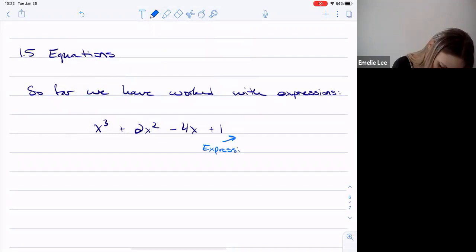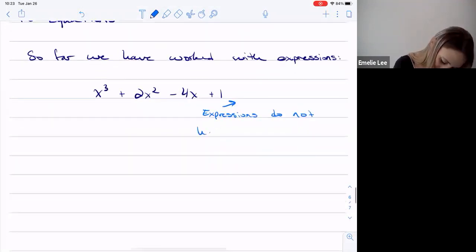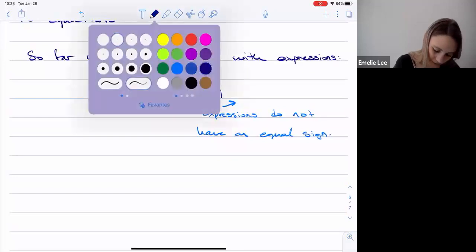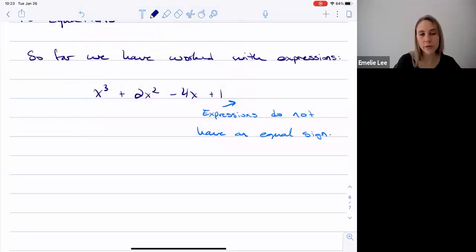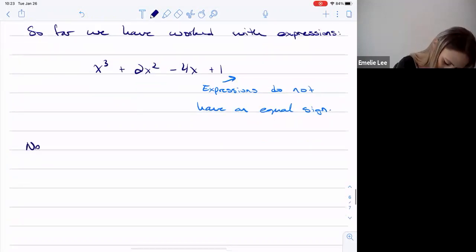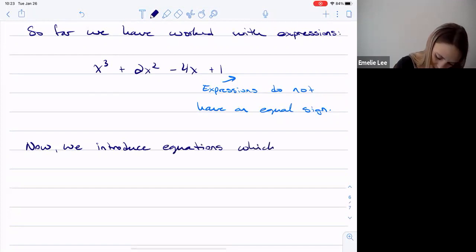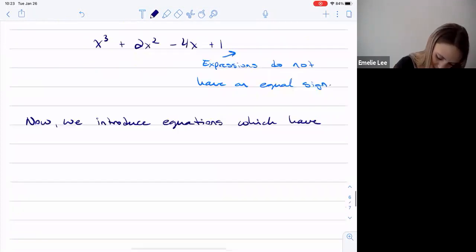Expressions do not have an equal sign. Now we introduce equations, which have an equal sign.